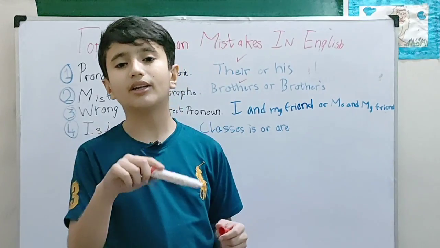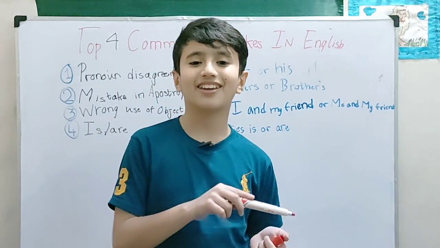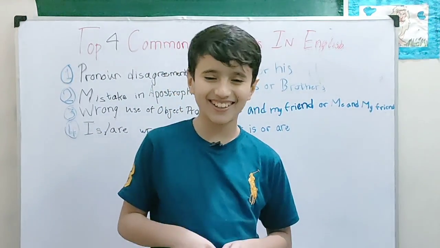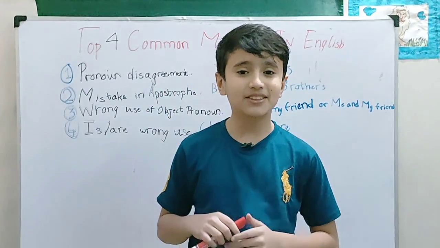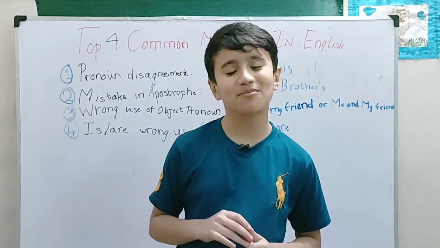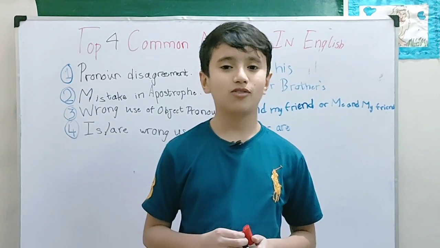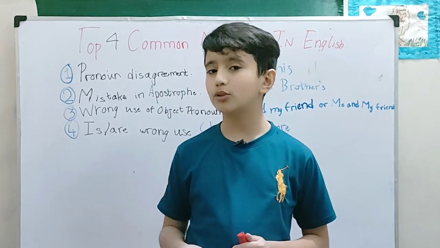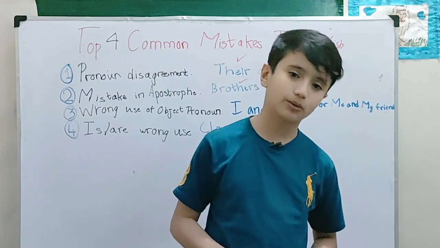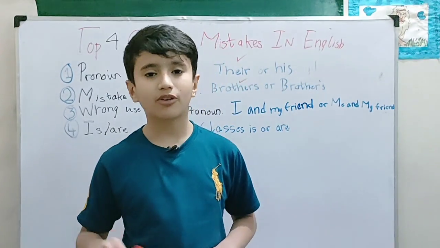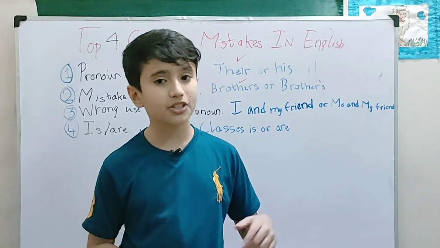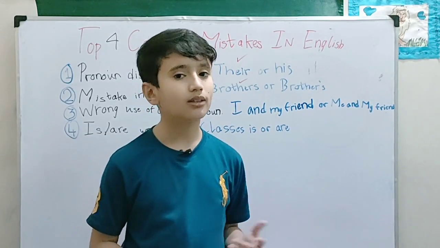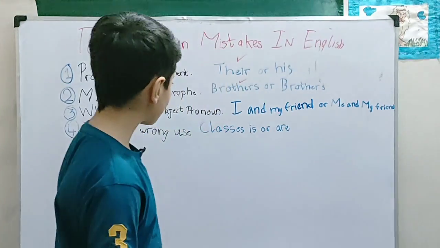We cannot say it is my mother computer. We have to say, this is my mother's computer, sister's computer, brother's computer, father's. This is my father's keys, this is my sister's bottle, this is the teacher's pen, this is my friend's bag. We can say things like this.